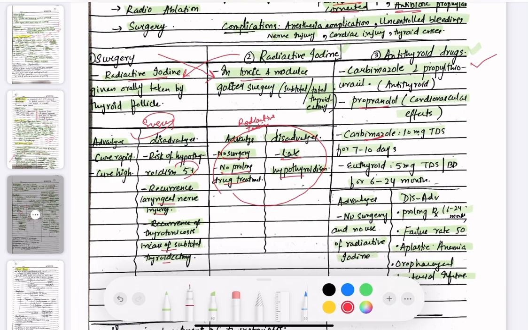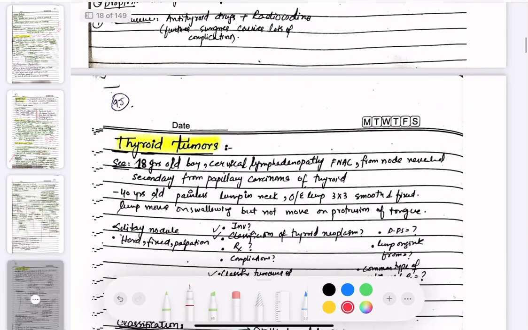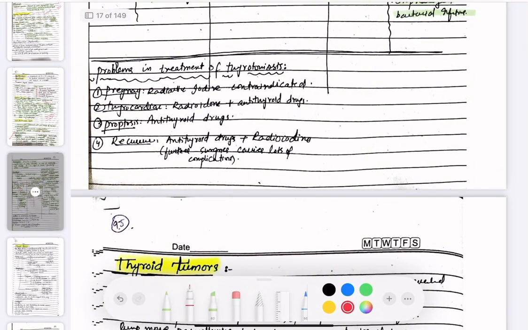Okay, so let me revise. Problems in the treatment of thyrotoxicosis. In pregnancy, radioactive iodine is contraindicated. In thyrocardiac cases, radioiodine plus antithyroid drugs. In proptosis, antithyroid drugs. In recurrence, antithyroid drugs plus radioactive iodine. Further, surgery causes a lot of complications.